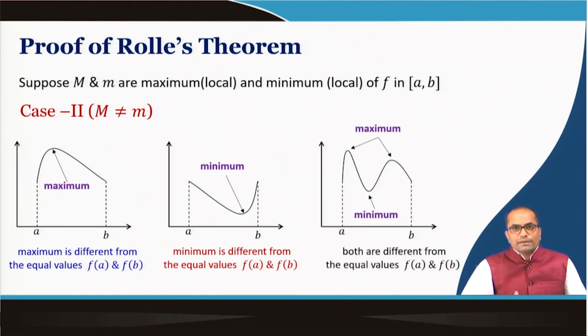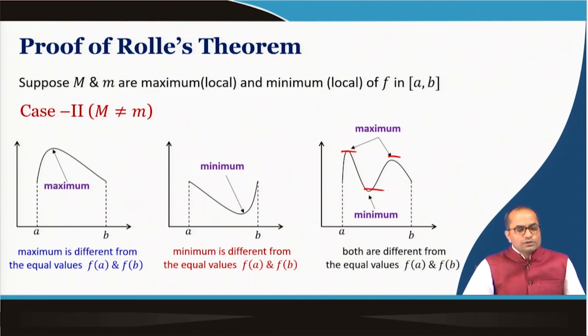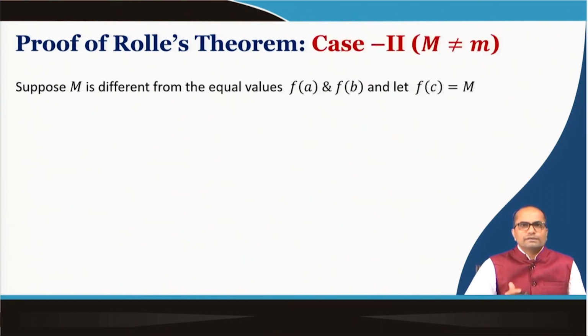Or the situation may be that we have the maximum and minimum of the function in this closed interval a b, and in that situation both are different from f a and f b. So, having said this, big M is not equal to small m, and definitely either the maximum will be different from the value of the function at a and b, or the minimum will be different from the function value at a and b.